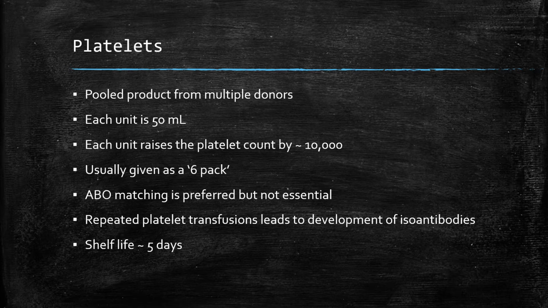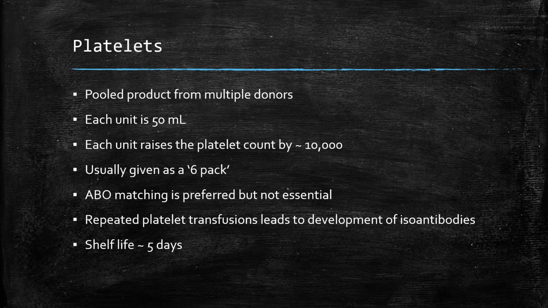ABO matching is generally done, but is not essential since platelets do not carry ABO antigens. There are a couple of issues with platelet transfusions. The first is that they're highly immunogenic, and so patients can develop antiplatelet antibodies fairly quickly.